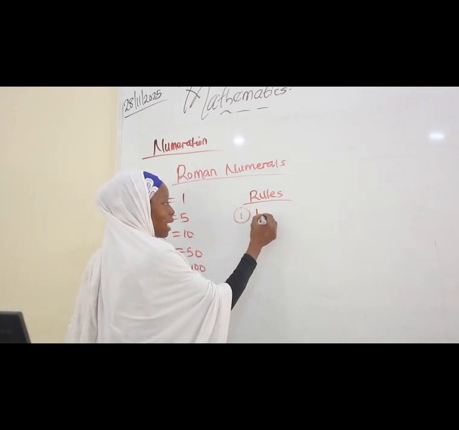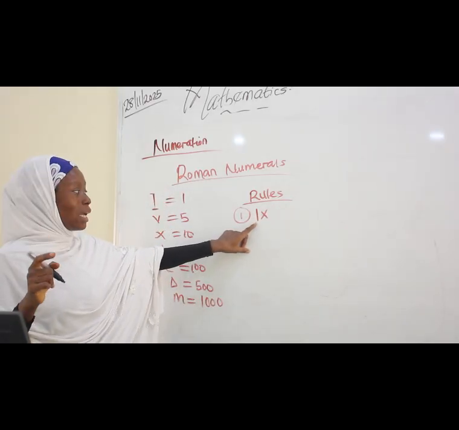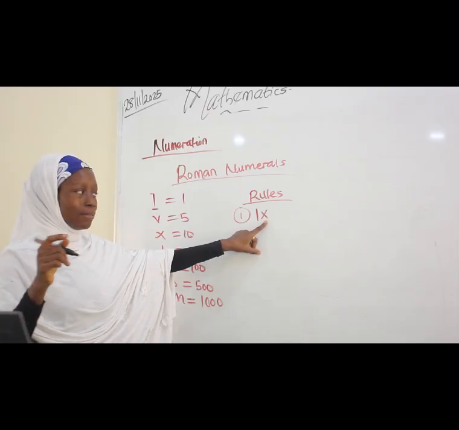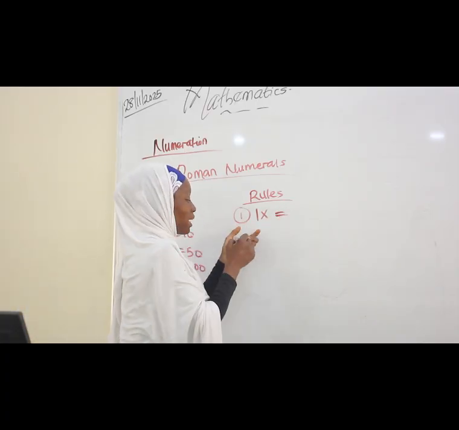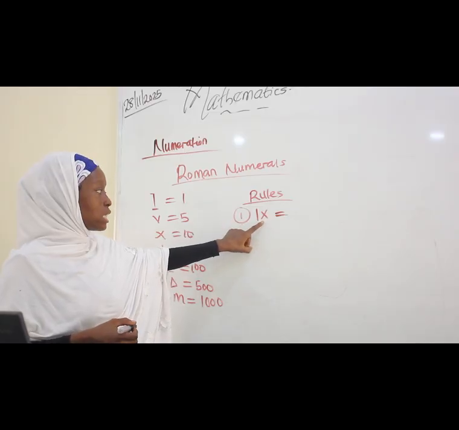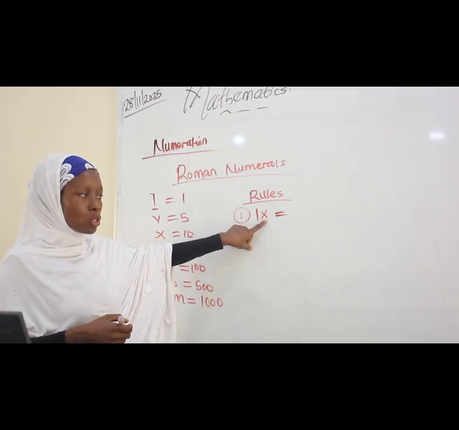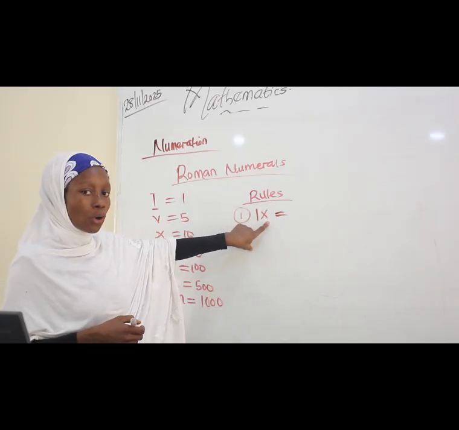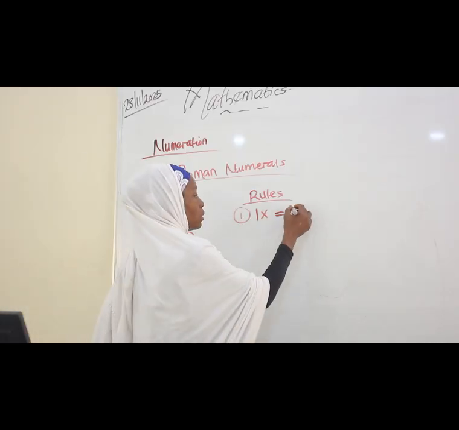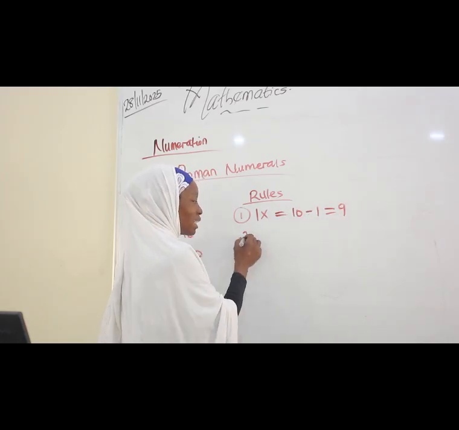Let's say we have IX. I is 1 and X is 10. I said when a smaller one comes before the bigger one, it means you have to subtract the smaller one from the bigger one. So we subtract 1 from 10. It's going to be 10 minus 1, and you're going to have 9.